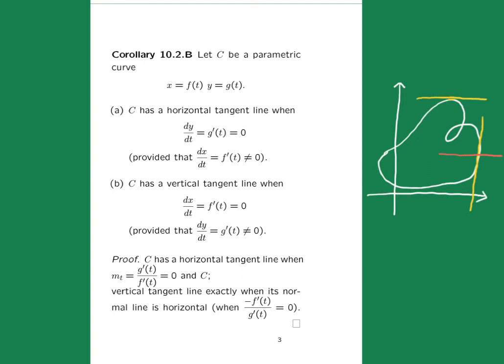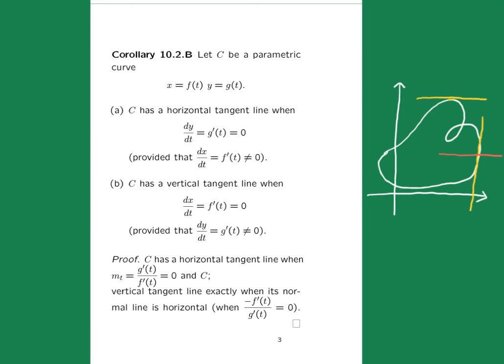The slope of the normal line is, as we said in the above proposition, what we call 10.2.a, you can look above, it has slope minus f prime of t over g prime of t. That's the negative of dx dt over dy dt.